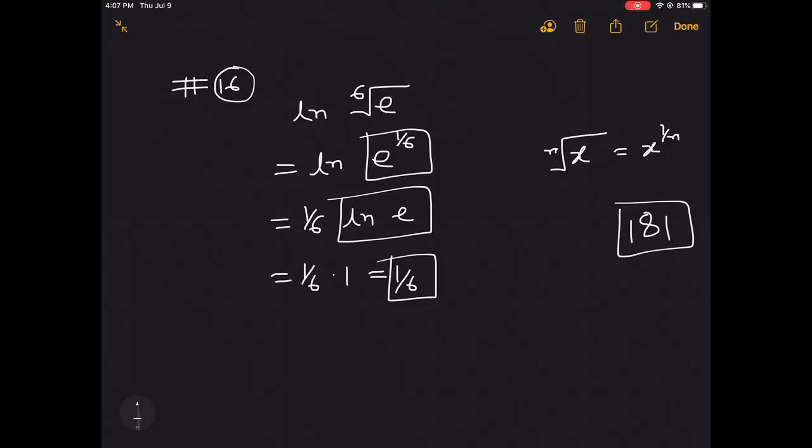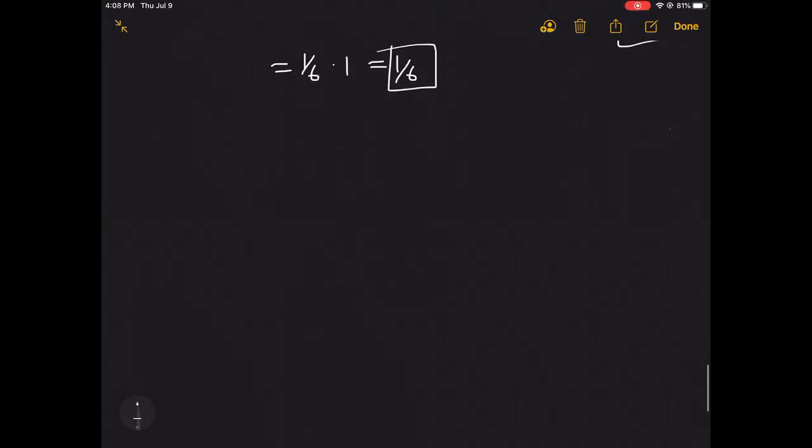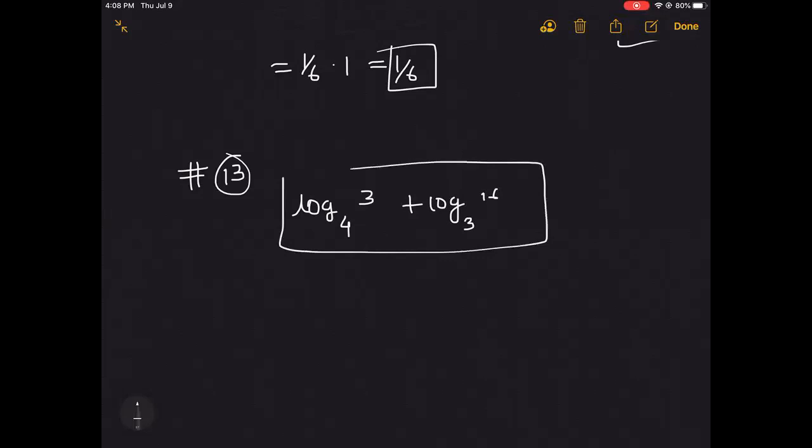Okay. All right. So number 13, it's log 4 base 3, log 3 base 4, and log 16 base 3. So we are trying to find the value of this, obviously without the help of the calculator.